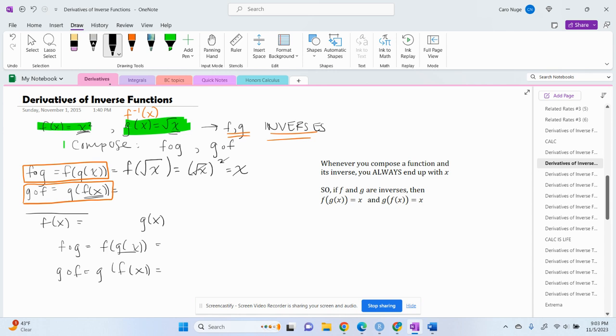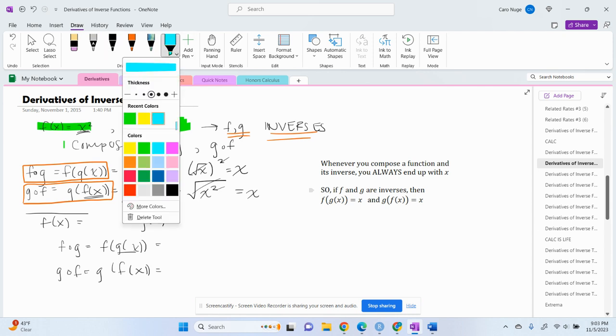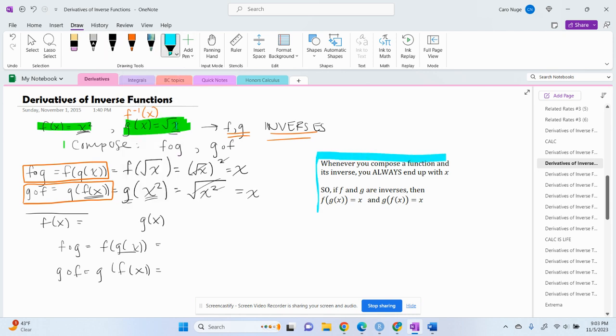Let's try going the other way. So g∘f, g of f of x. So g of, all right, what's f of x? x squared. So now I'm going to take g and I'm going to replace x with x squared. So I have the square root of x squared. And once again, those cancel, you end up with x. Now that is not just a coincidence. That is going to be an important rule that we're going to use when we do derivatives here.